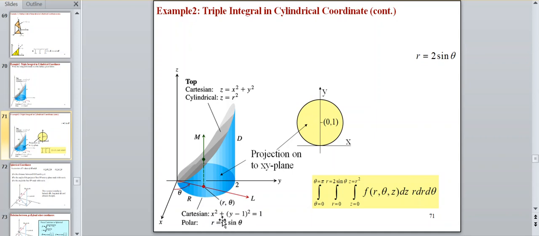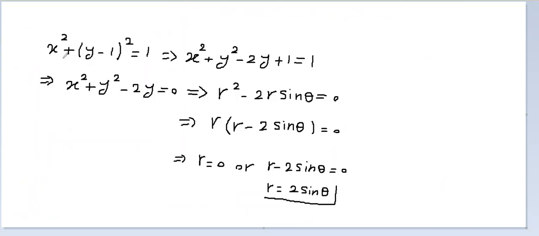You can see the answer is given here, what I have done. So let's find the polar equation of the circle. Our circle is x squared plus (y minus 1) squared equals 1. So this equals x squared plus y squared minus 2y plus 1 equals 1. So 1 minus 1 is 0, leaving x squared plus y squared minus 2y equals 0. x squared plus y squared equals r squared, and y is r sine theta.